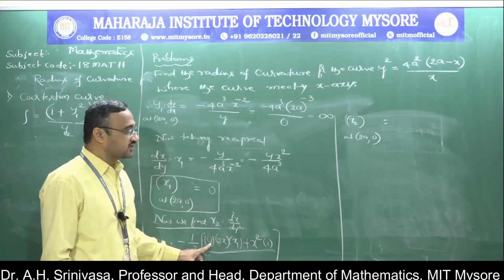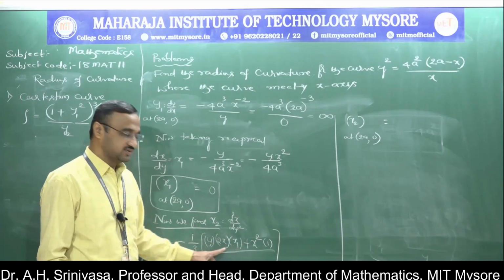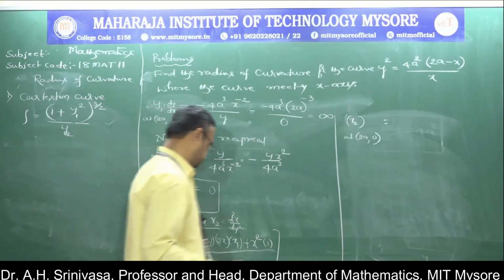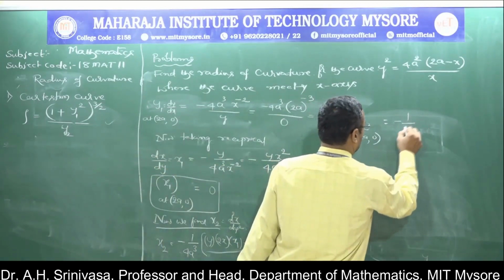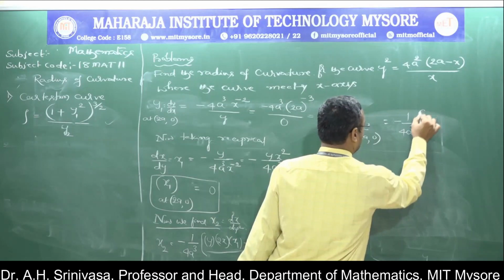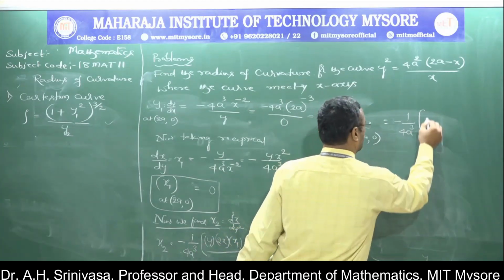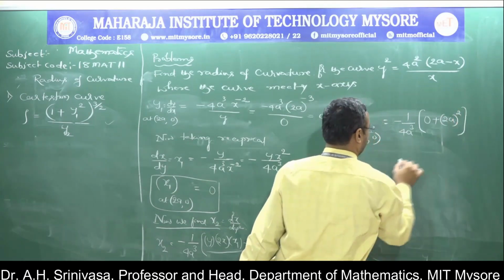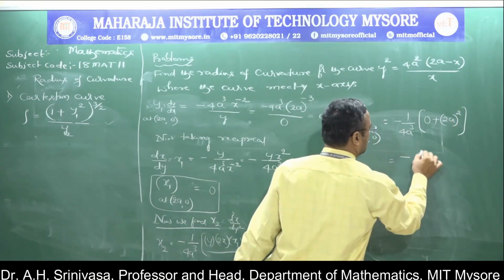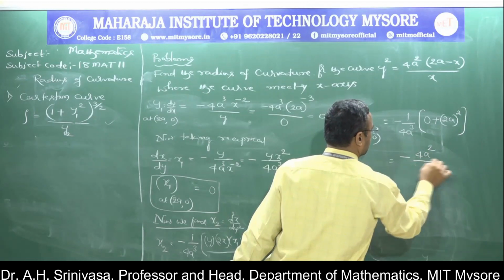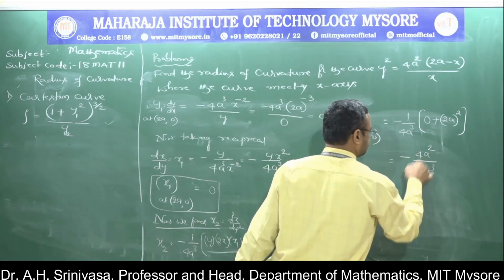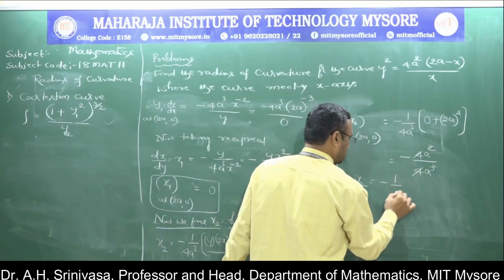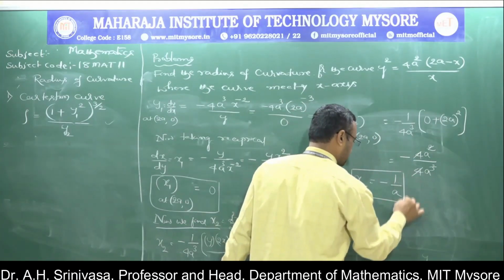In place of y you putting 0, the entire term becomes 0. In place of x you put 2a. Minus 1 by 4a cube into, this term is 0, plus (2a) whole square, that will give 4a square over 4a cube. So we have the x2 value, minus 1 by a.